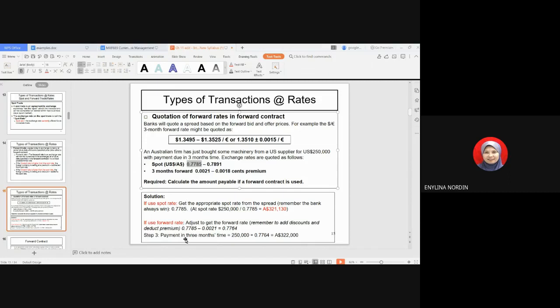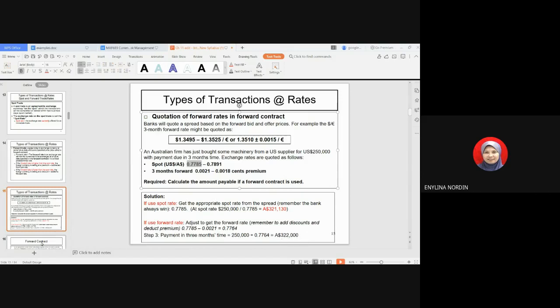So the payment in 3 months' time equals 250,000 US dollars divided by 0.7764. You need to use the forward rate instead of the spot rate, because you enter into a forward contract. Therefore, you have to pay the bank 322,000 Aussie dollars.